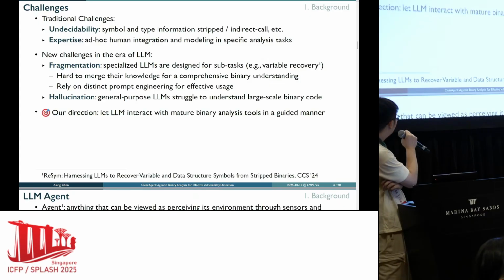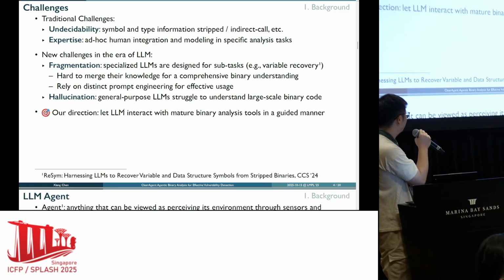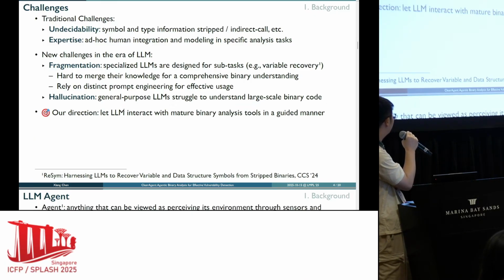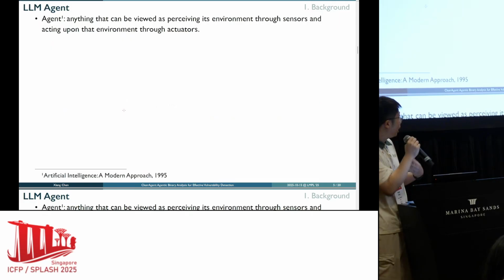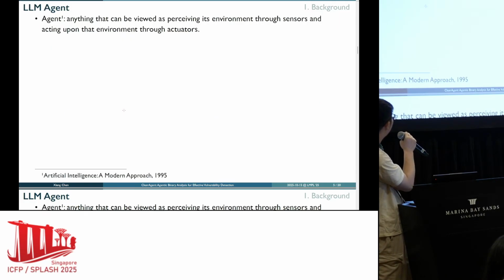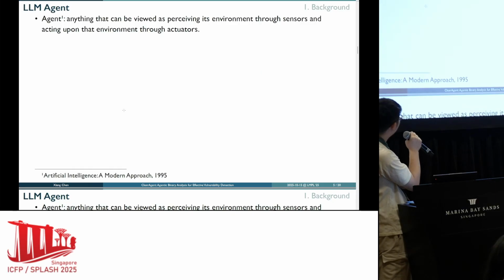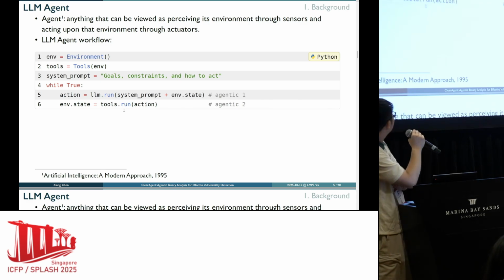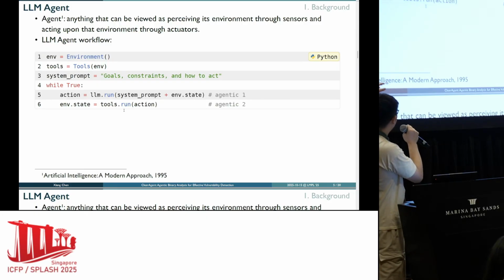So we set our direction to let the LLM interact directly with those mature binary analysis tools in a guided manner. This paradigm actually aligns with the currently very popular LLM agent. The agent, by its traditional definition, is something that can perceive its environment and act upon that environment. And an LLM agent works like in the pseudocode.